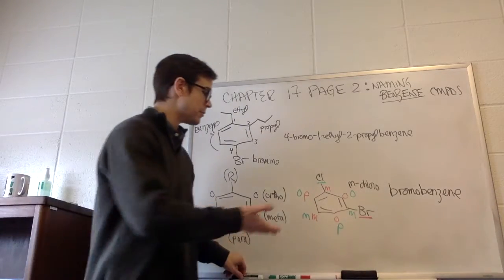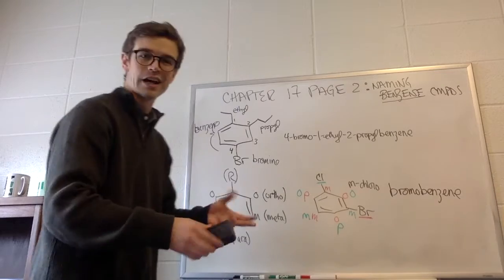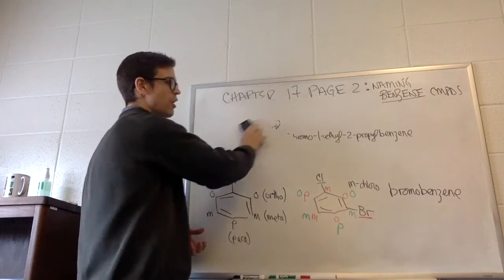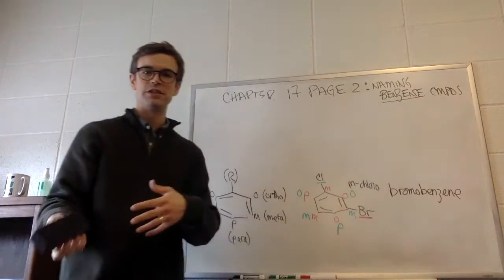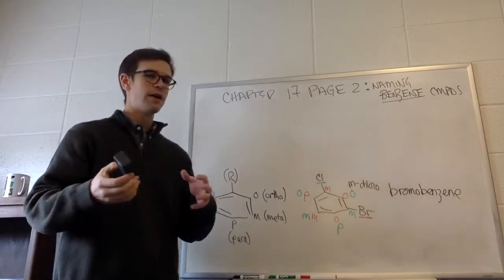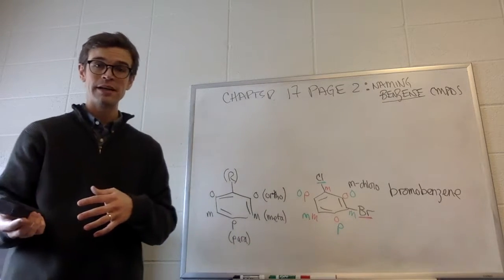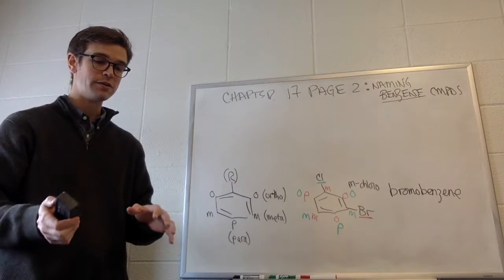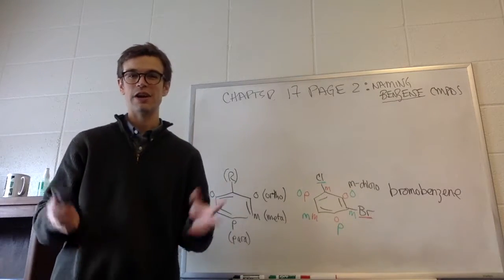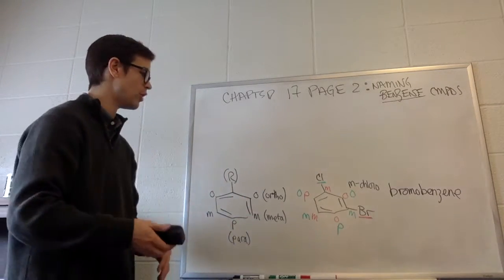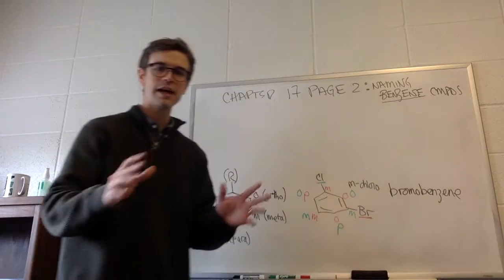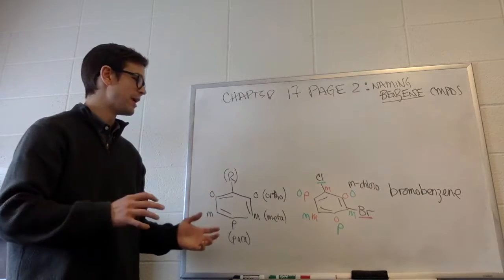And you will definitely see some of these in your notes. I will tell you though that on the exam, you will need to know what a para position is, what an ortho position is, what a meta position is. But as far as questions about naming, I prefer that you use the 1, 2, 3, 4 nomenclature. That's the more standard IUPAC nomenclature, so that's why I go with that one. So that's naming with benzene.